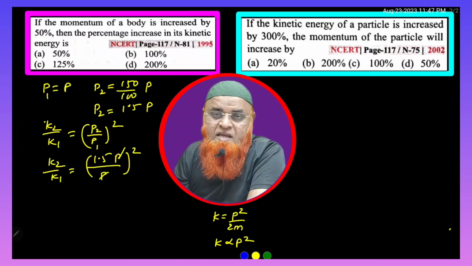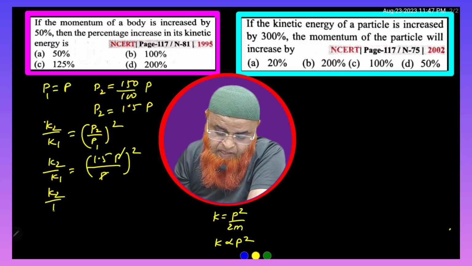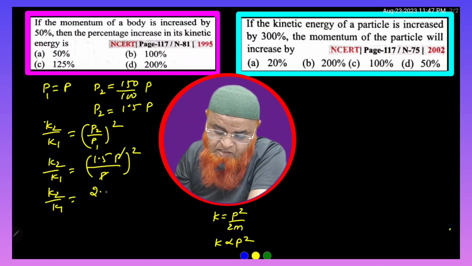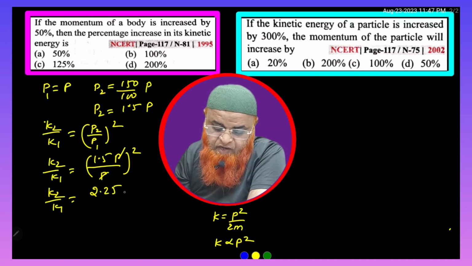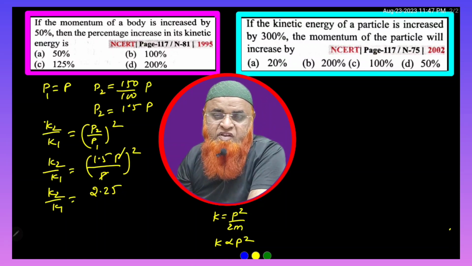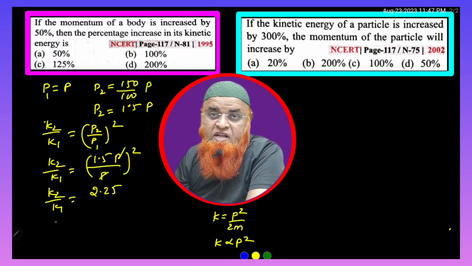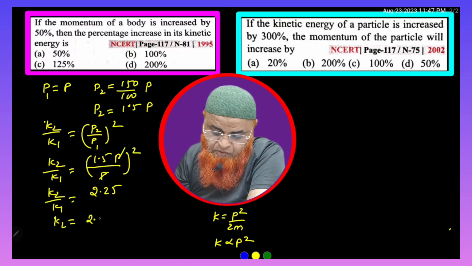So P is getting cancelled here. So K2 by K1, 1.5 whole square is nothing but 2.25. 15s are 225. That means K2 is going to become 2.25 times of K1.